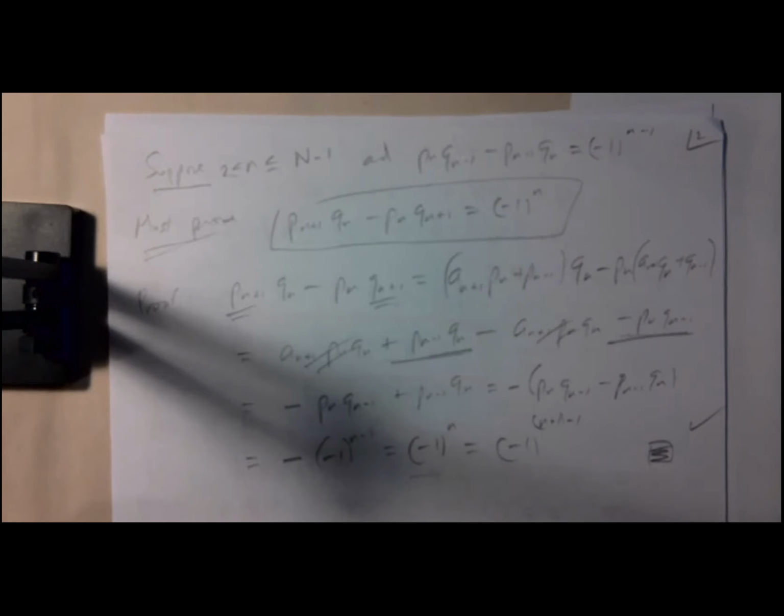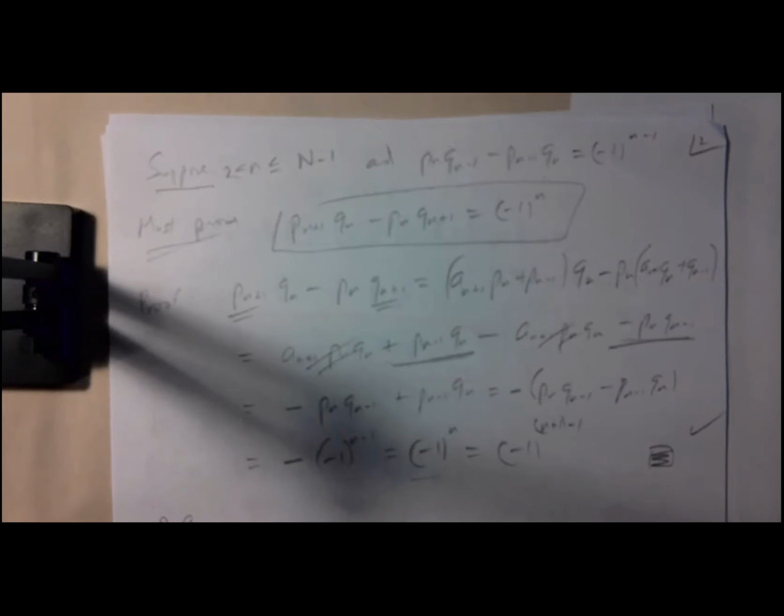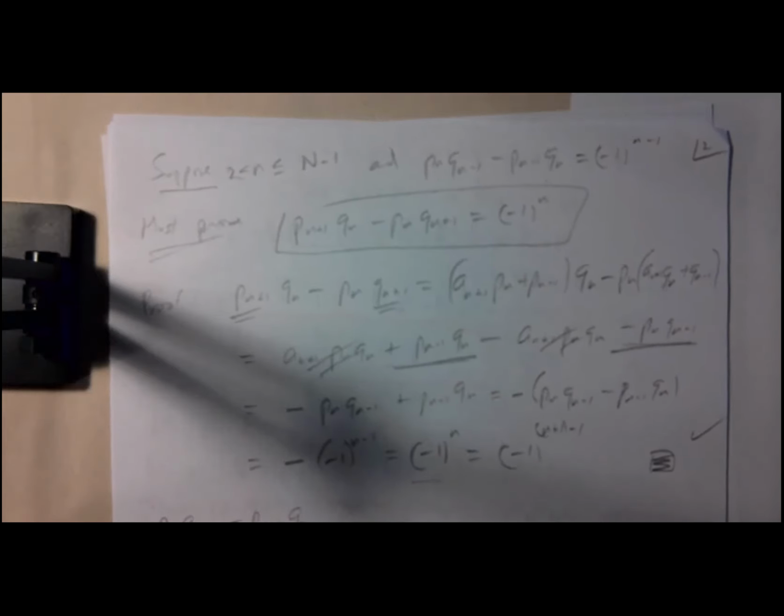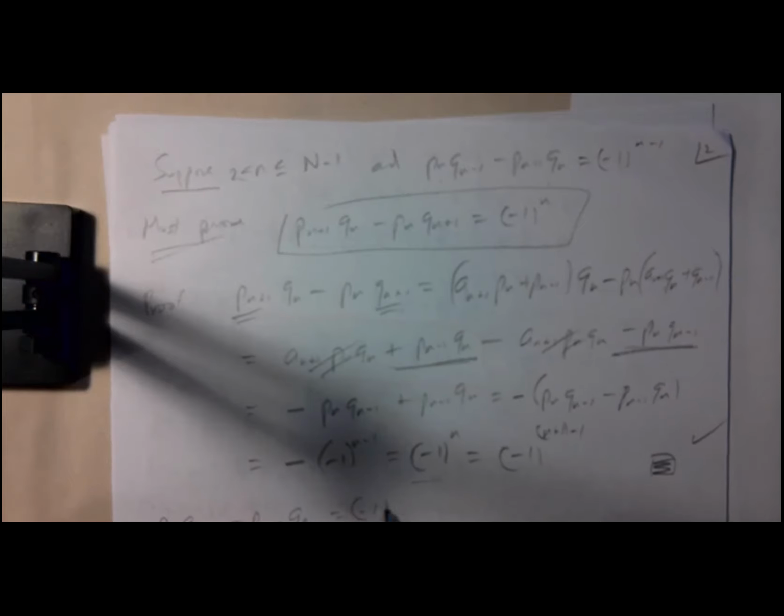Okay. But also, so we have now this rule that P_n Q_{n+1} minus P_{n+1} Q_n is minus 1 to the n minus 1. And here we have P_n and here we have Q_n. So if D divides P_n and Q_n, this is divisible by D, this is divisible by D. So this is divisible by D, which means D can only equal plus or minus 1.